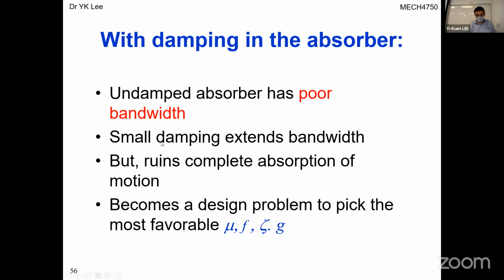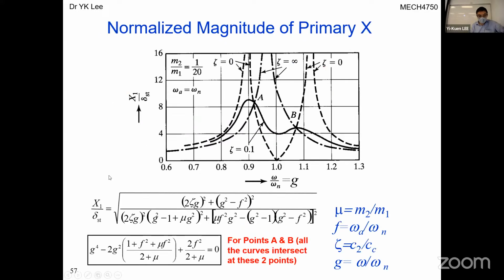So in general, let me see. You see, this is the normalized frequency bound function for the M1, the primary mass.